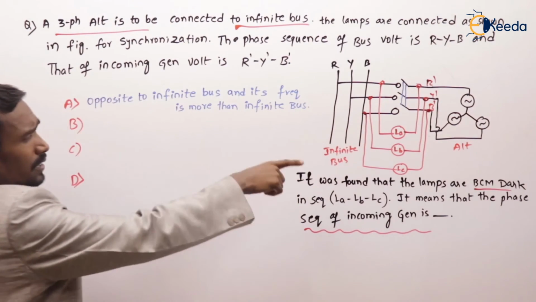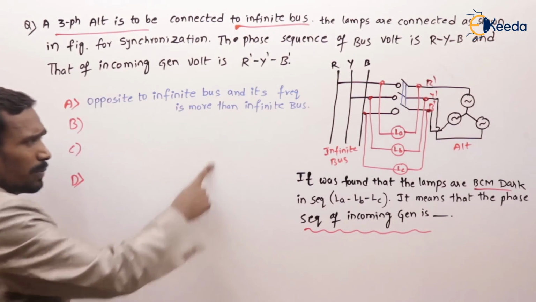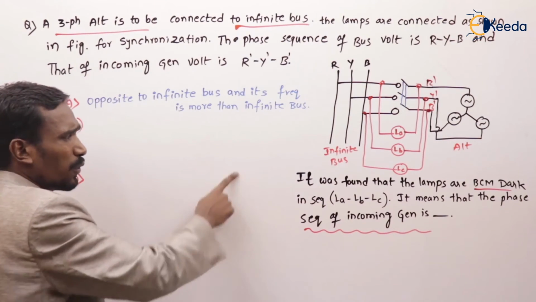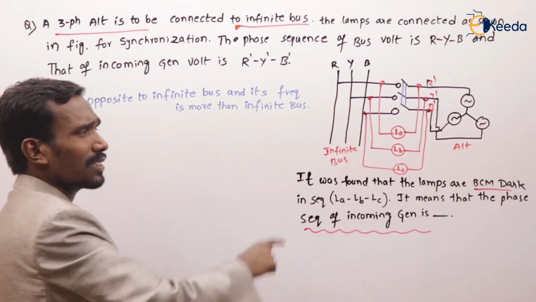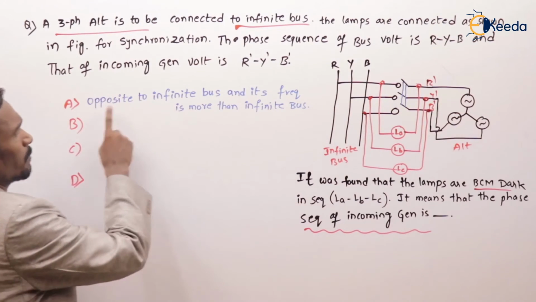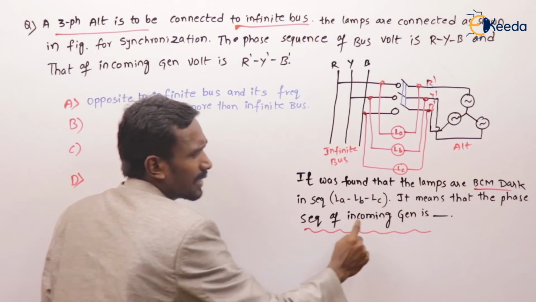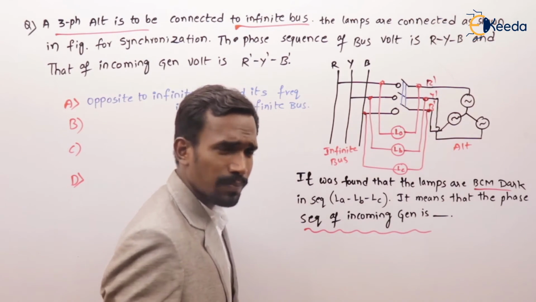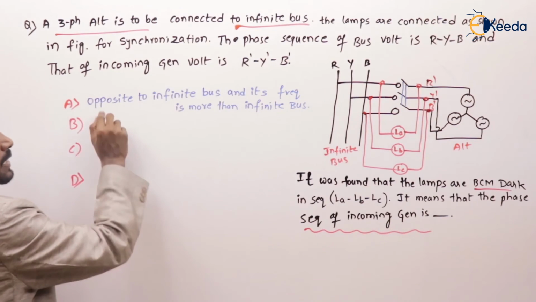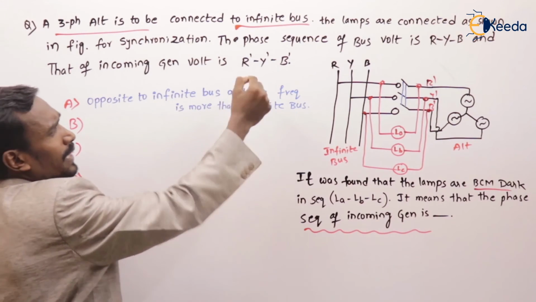Which statement among these four is the correct answer? It means that the phase sequence of the incoming generator is opposite to the infinite bus bar.